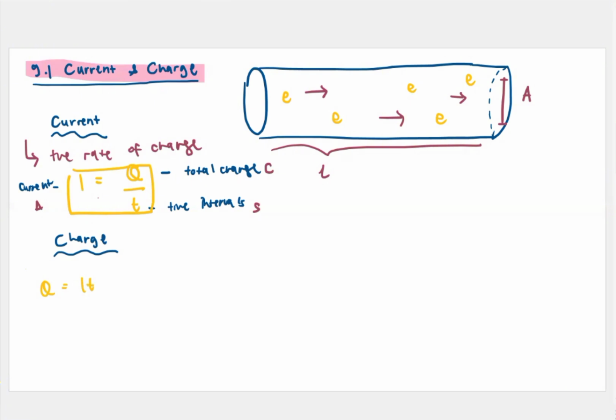Cool. So, now, one thing to take note of is charge, they are quantized. I don't know how to pronounce it. Correct me if I'm wrong, I'm going to correct it when I'm editing.